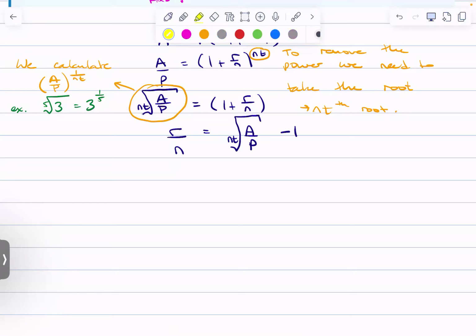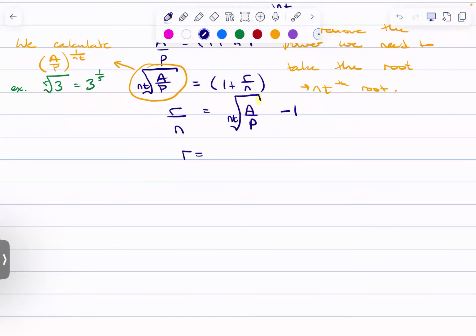Notice that I put this little crook here to indicate that that's the end of the root, and then minus 1. So now I've moved this 1 over here, and the last thing I need to do is multiply both sides by n. And so I get r must be n times the n times t-th root of A over P, then minus 1.